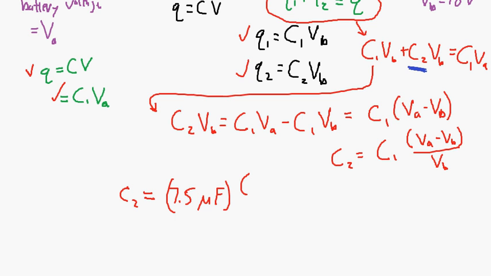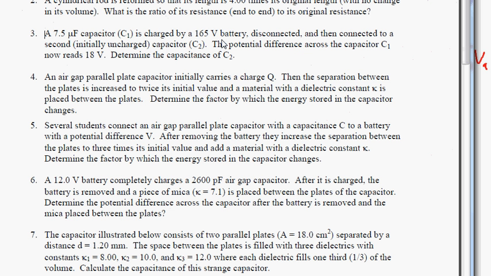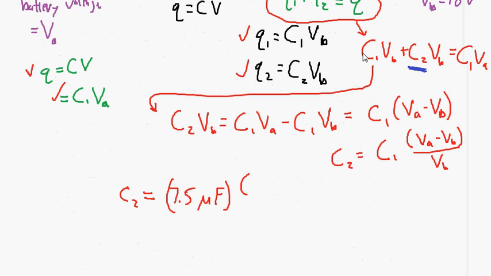As I recall, VA was 165, it's the battery voltage, and VB was 18, so 165 minus 18 is 147 volts. That's VA minus VB, and then VB is just 18 volts.